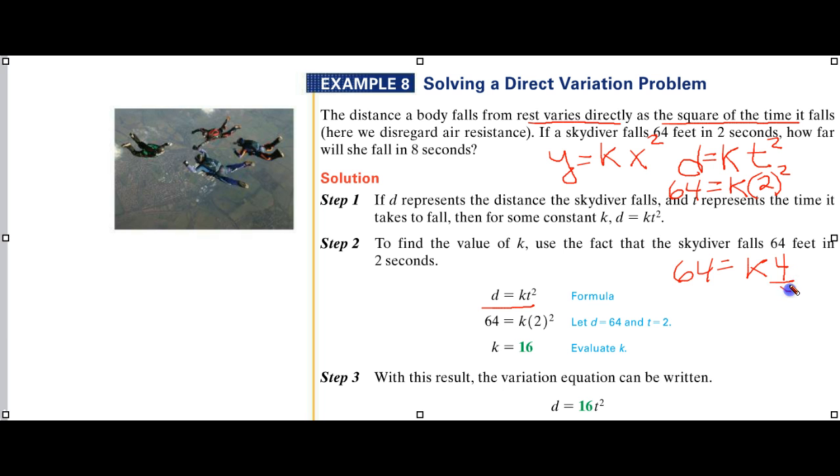Now we divide both sides by 4, and we get k equals 16. We now take our 16 and put it in our direct variation formula right here as a 16, and that's what you see. So the variation equation can be written this way. And there's what the protocol resulted in.